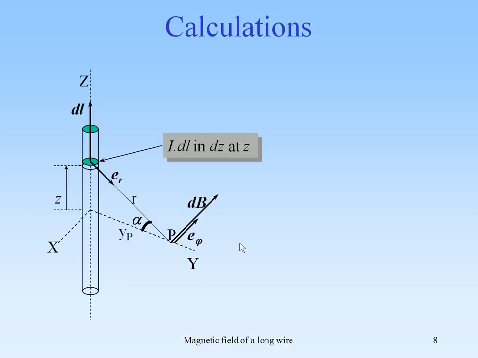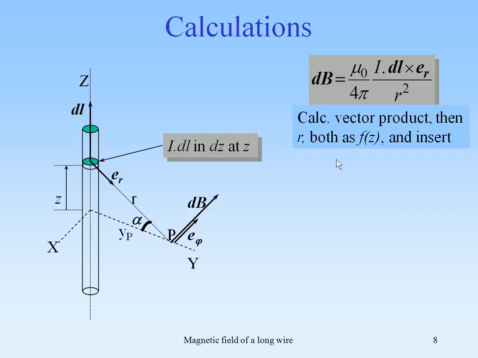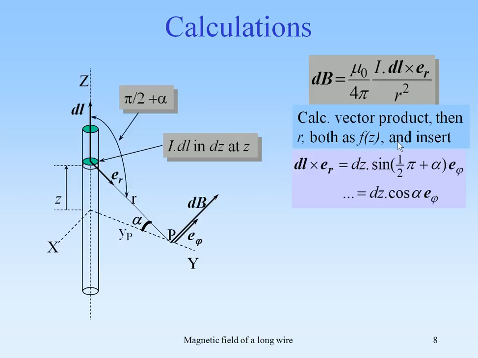Let's do the calculations. Here is the situation again with I dl, and we have the Biot-Savart law. Calculate the vector product, then calculate R, and calculate them both as functions of z, insert and then integrate over z.